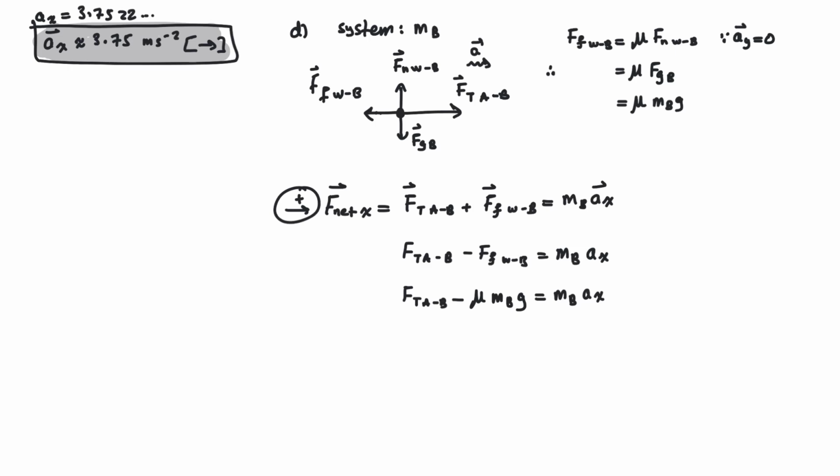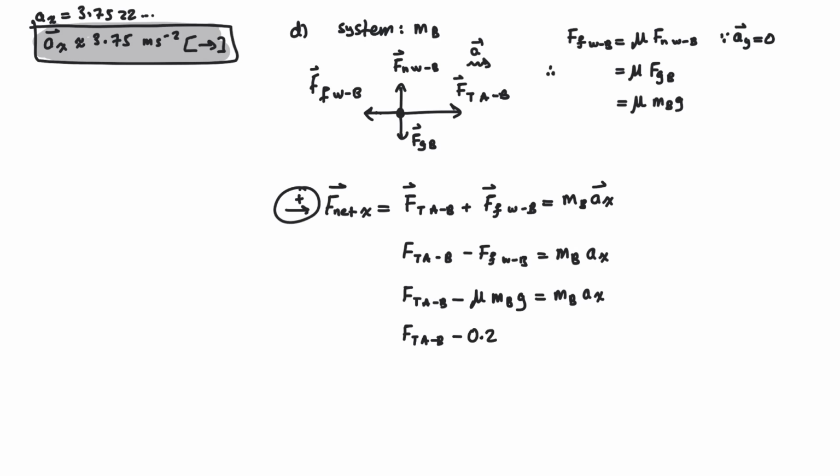Now I have all the information that I need. I have mu, I have mass B, G, mass B, and the acceleration's magnitude. So everything is ready to go. I can solve this by adding this to both sides first and then plugging in the values, or I can do it just by plugging in the values right away. So let's just plug in the values.